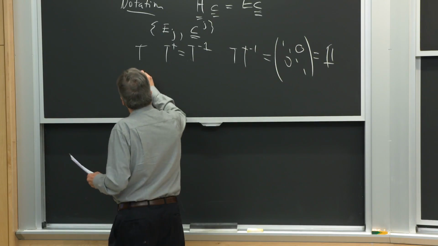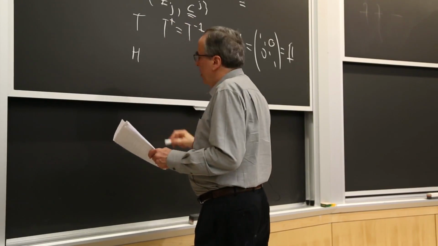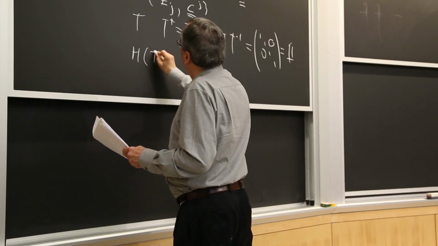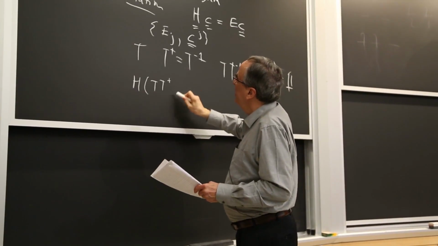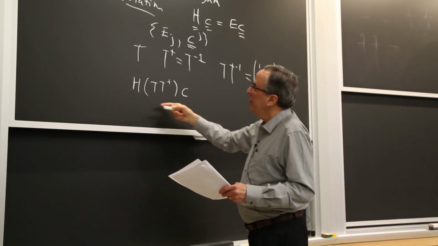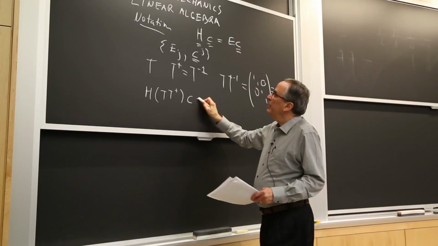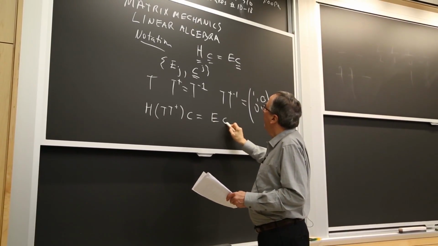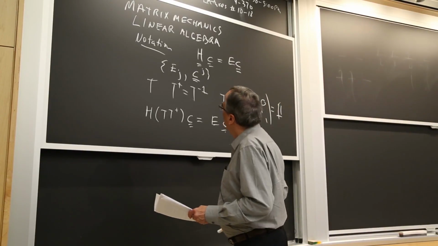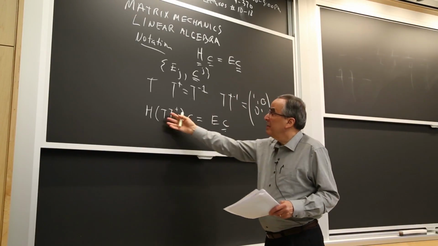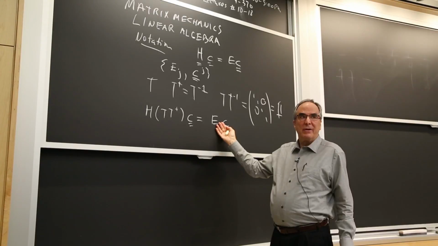So how did we derive the thing that we are going to solve? Well, we took this equation and we inserted 1 between the Hamiltonian and the vector. And then this is 1, so we don't need to put it over here.